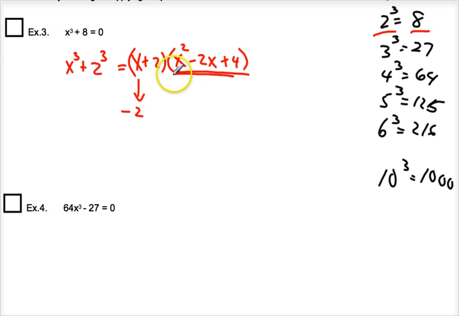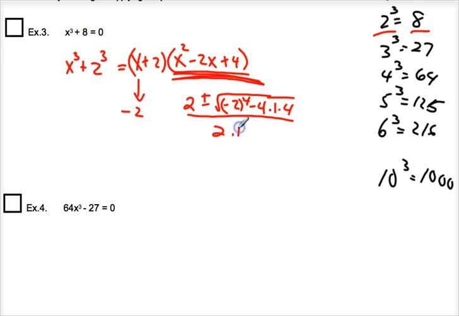So if I use the quadratic for this right here, it'd be x equals -b, so that'd be 2 plus or minus square root of -2 squared minus 4 times 1 times 4, all over 2 times 1, because again, a is 1 and c is 4. So this is my a, this is my b, this is my c.